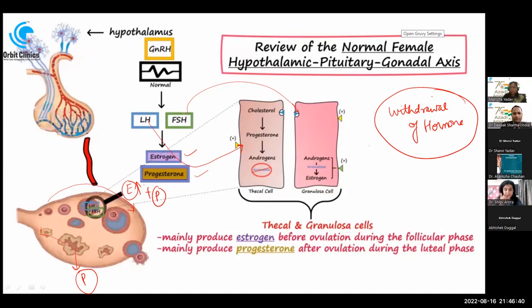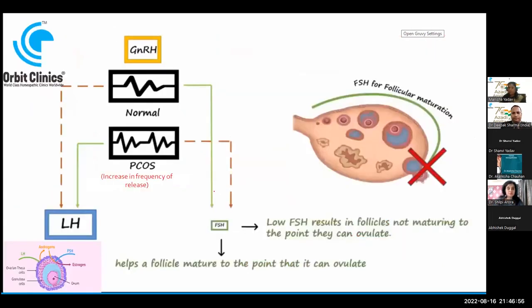So this is the normal physiology of the menstrual cycle, and there is a great harmony between the hormones secreted from the pituitary, the hormones secreted from the ovary, and their action on the endometrium. They are all in coordination. What was going wrong in PCOS? What happened in PCOS?